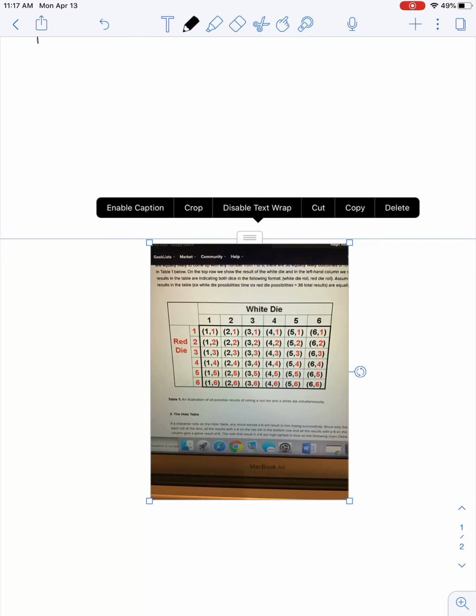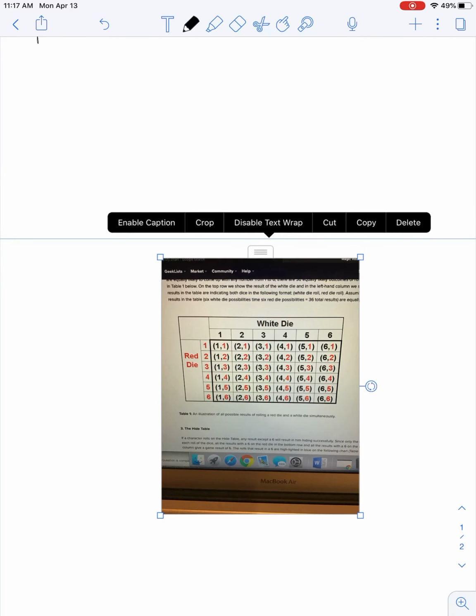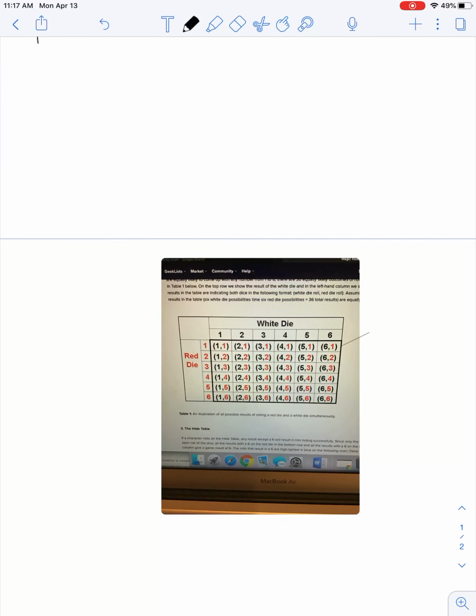What we notice here is that in this first row, if we take a look at all of those, we have 1, 2, 3, 4, 5, 6 possibilities. So the first row is 6 possibilities, the next one is 6, the next one is 6, the next one is 6, the next one is 6, the next one is 6.